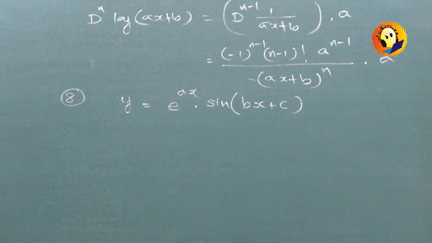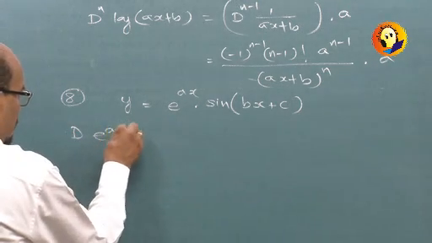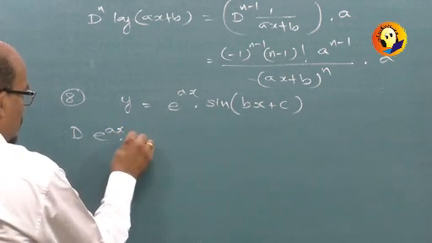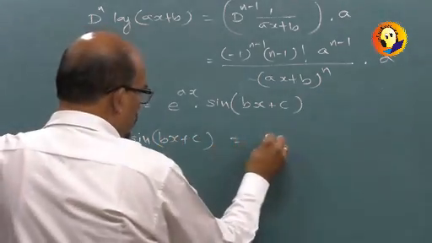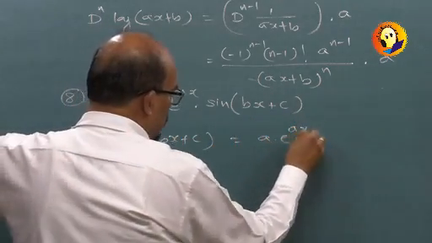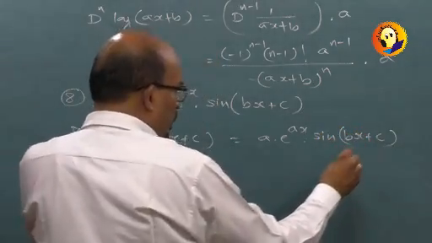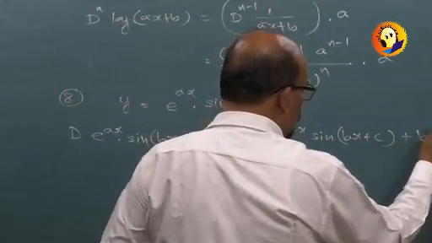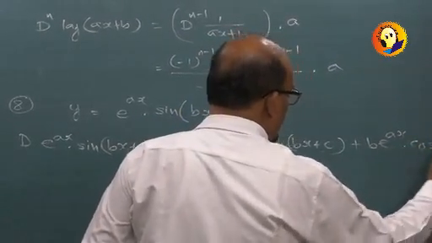Now what should we do? The derivative of e raised to ax into sine of bx plus c, one can very well determine. That's not a big job. a e raised to ax sine of bx plus c plus b e raised to ax cos of bx plus c.